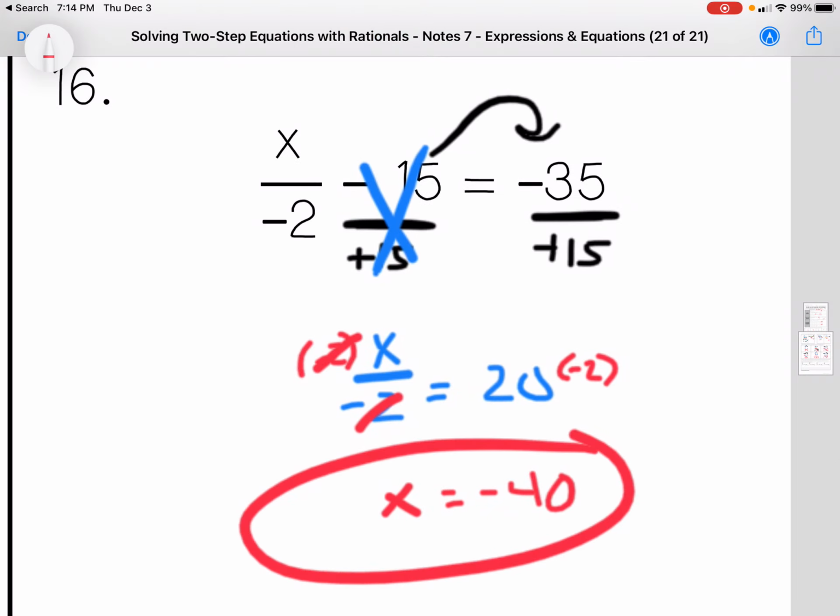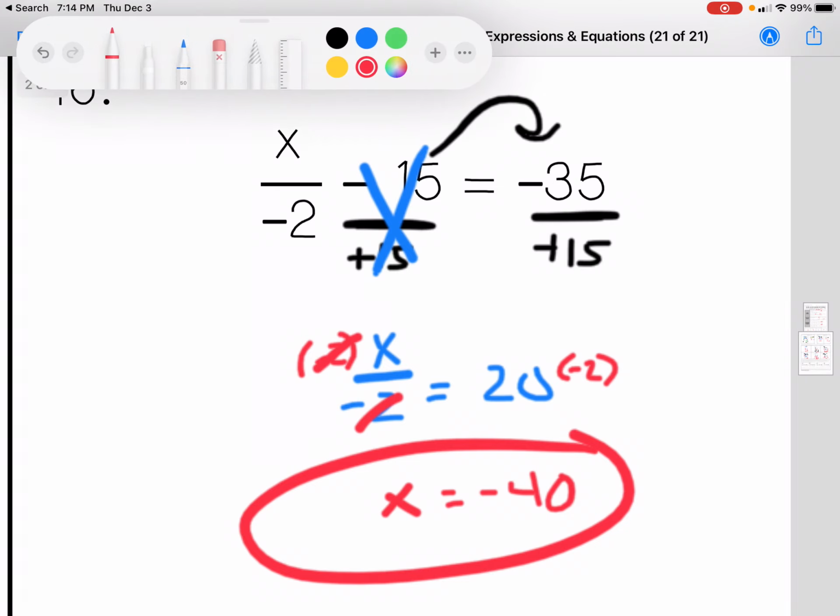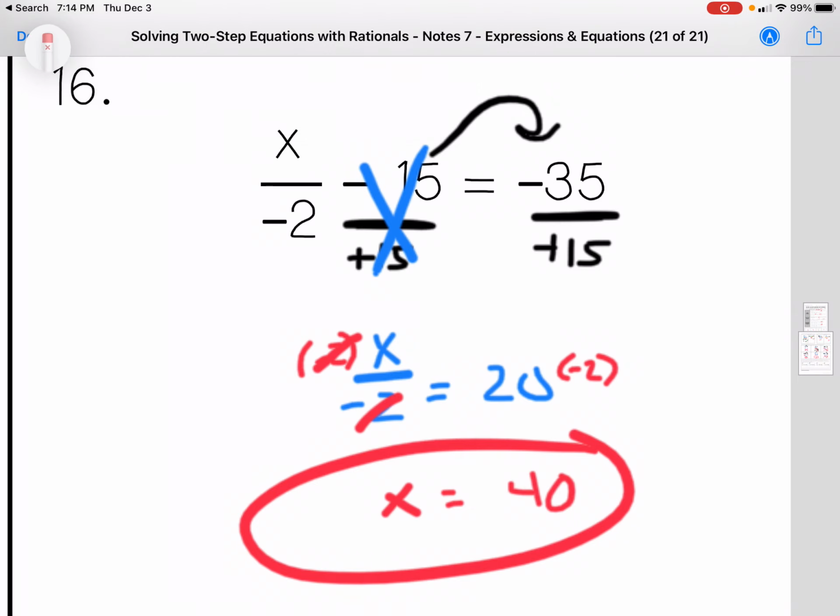Any questions? That's actually a positive 40.